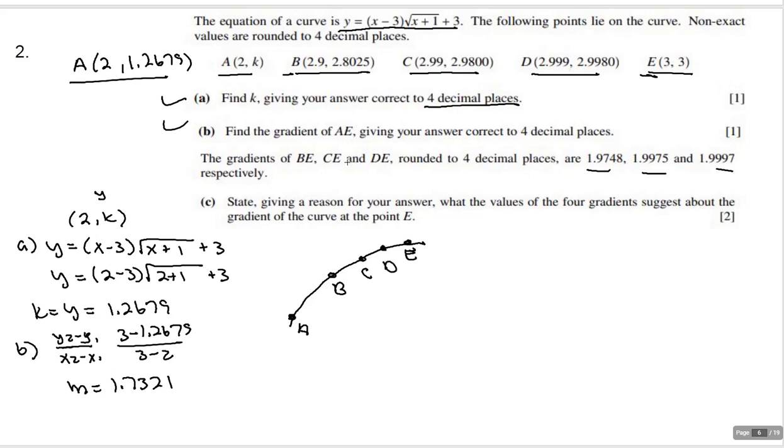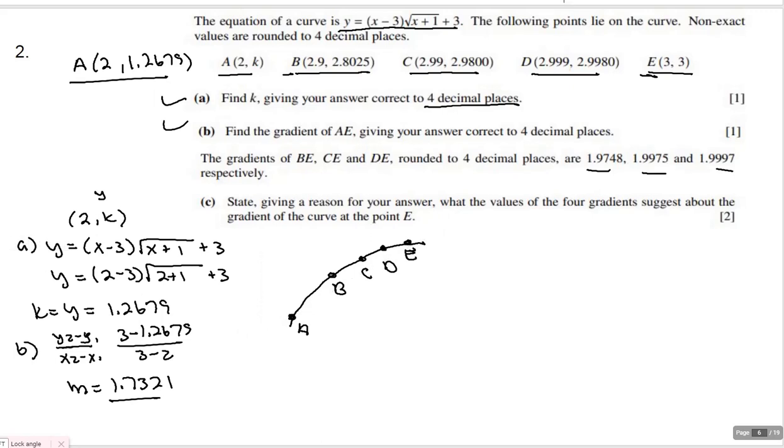Okay? So basically what they're saying here is, and again, you just found this slope, AE. You just found the slope AE. So you notice it's 1.7, all right? So if I were to take a line and find this slope here, let's try that again.